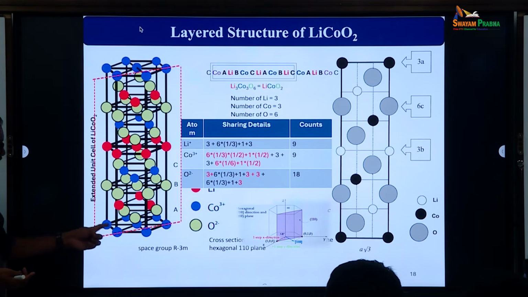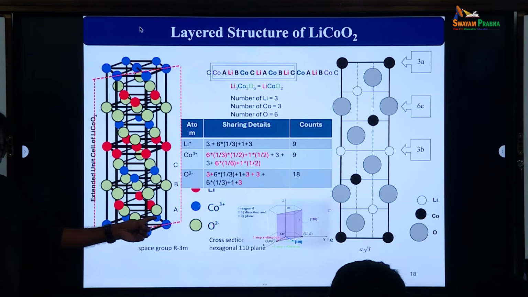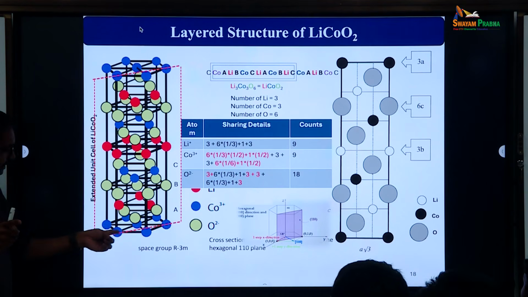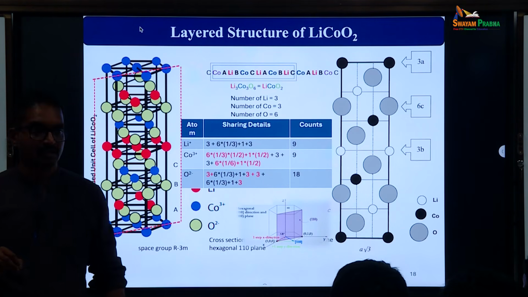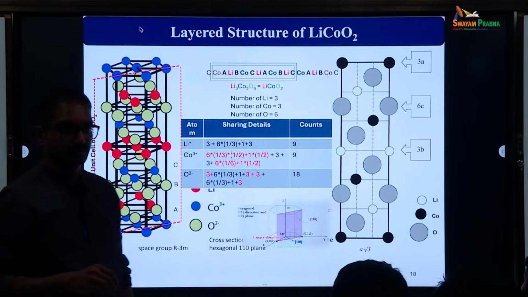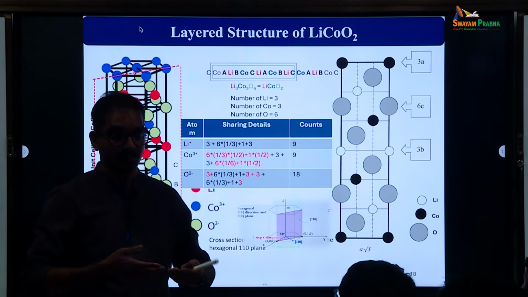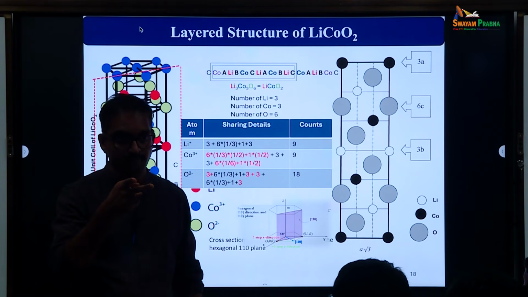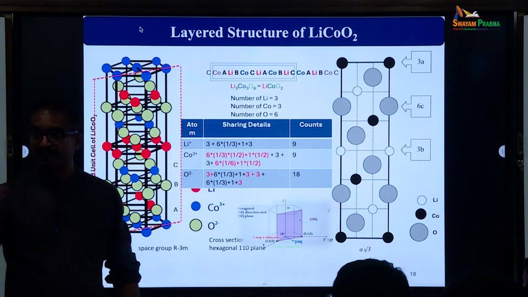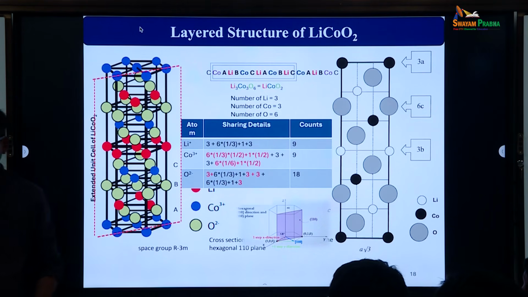So the contribution of each of those 6 is 1/6. Correct, no? The layer itself 1/3, between the unit cells 1/2, so totally 1/6. So 1/6 of the 6 is 1. So all these together will contribute 1.